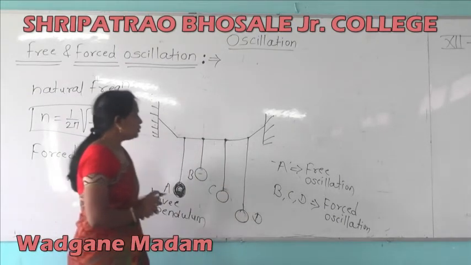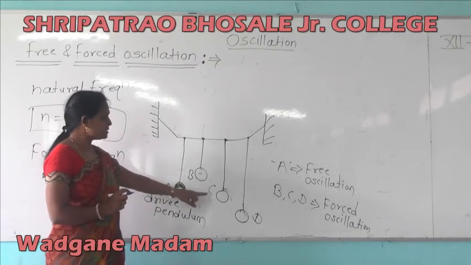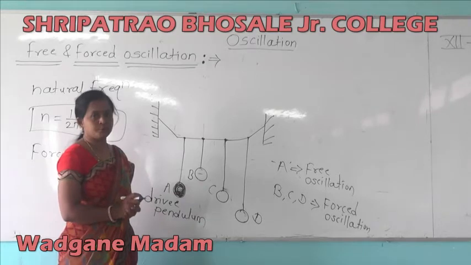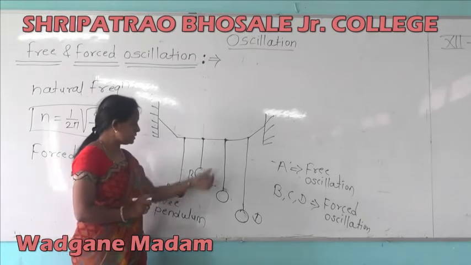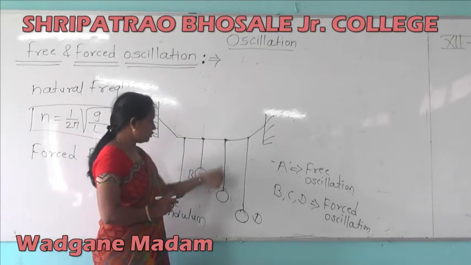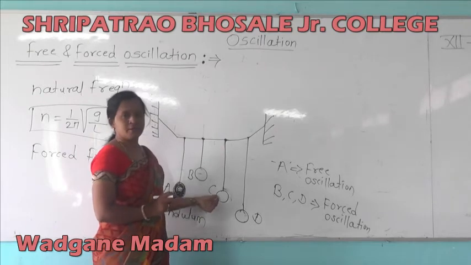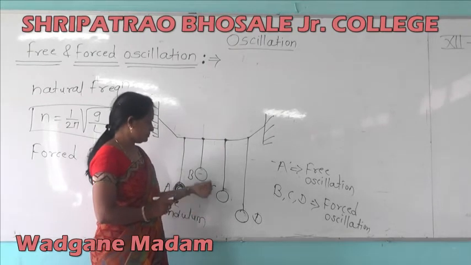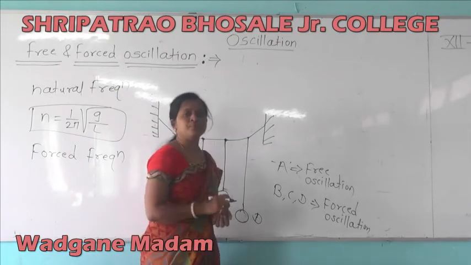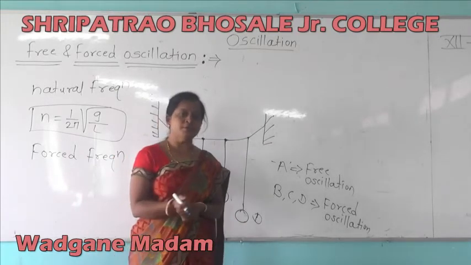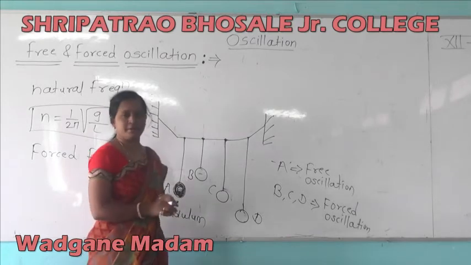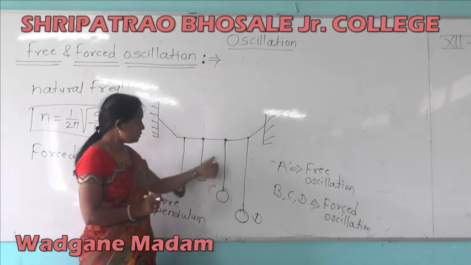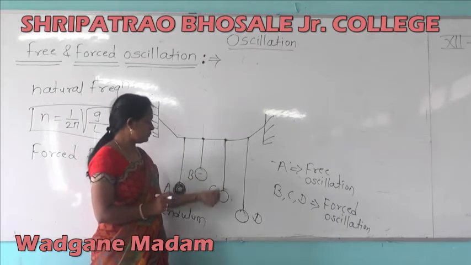We know that C vibrates with maximum amplitude, as its length is the same as A. Therefore this pendulum C absorbs maximum energy from the source A. Its length is the same, therefore it vibrates with maximum amplitude.